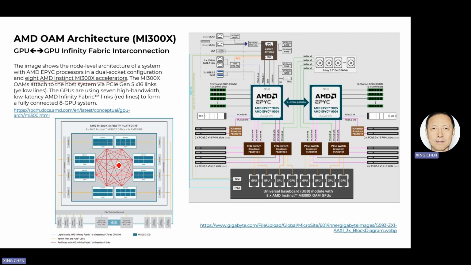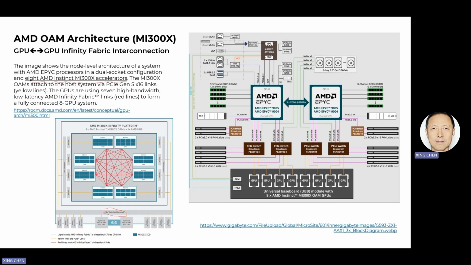The red line here is the all-to-all interconnection, and the link here is the Infinity Fabric. And then the 8 GPUs are connected to the CPUs using PCIe links. It could go through a PCIe switch, or it could be directly to the CPUs, but there are PCIe links.